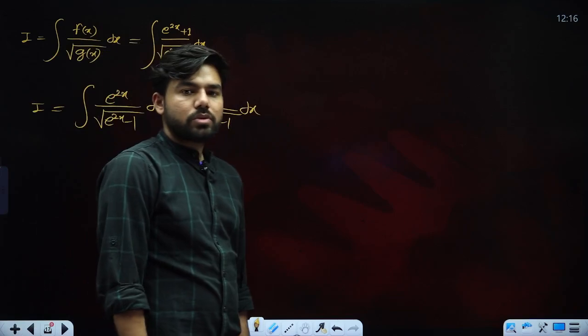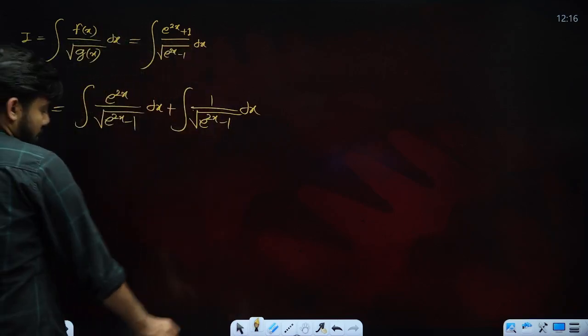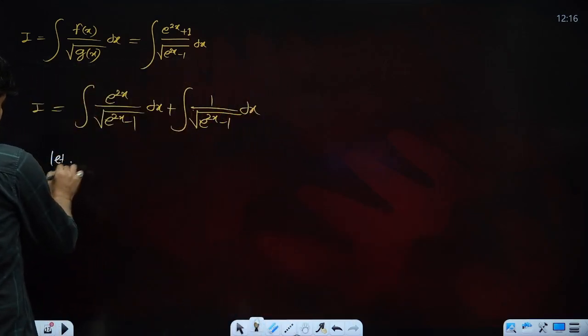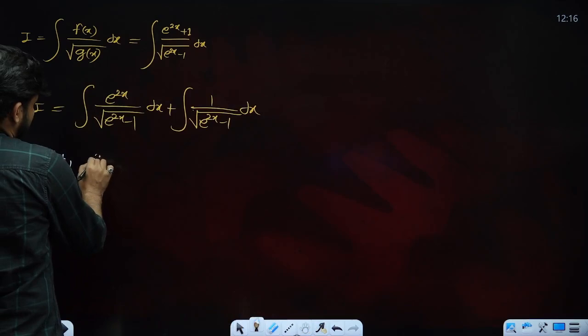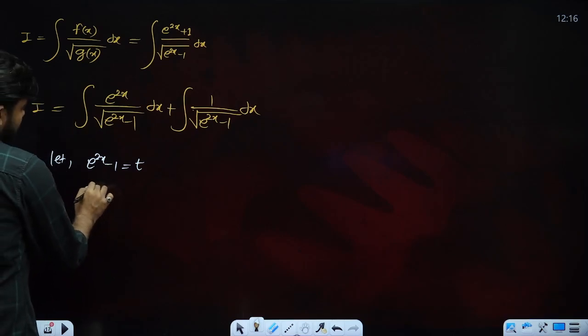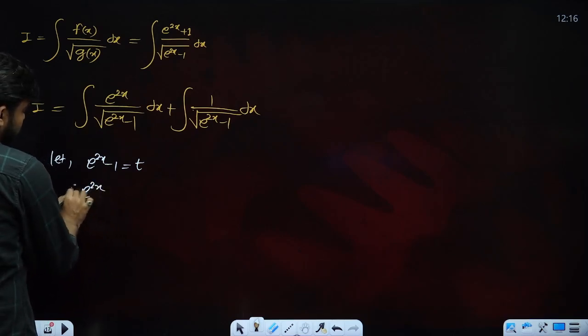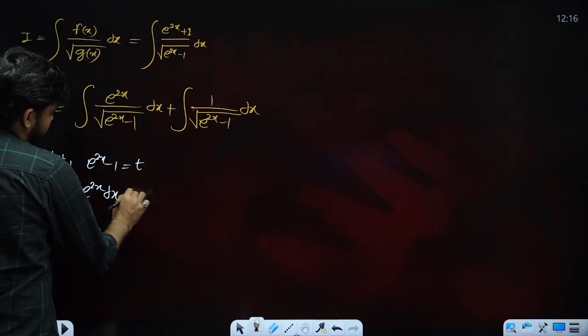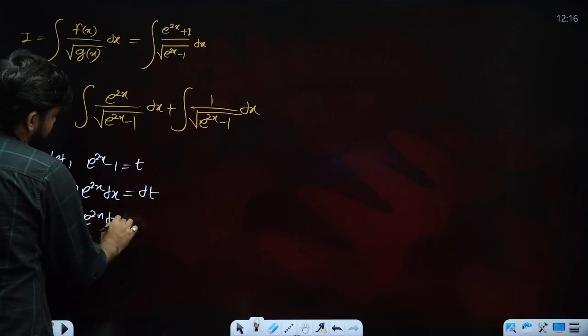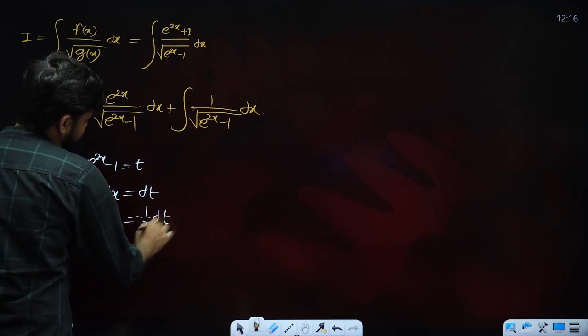For that case, let's take e raised to 2x minus 1 equals t. So we get e raised to 2x, and we have 2 also, so dx equals dt. So e raised to 2x dx is actually half of dt.